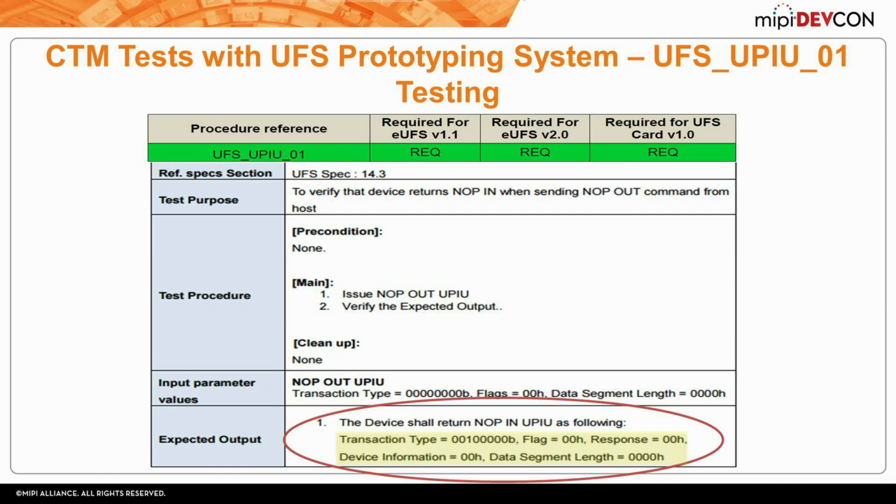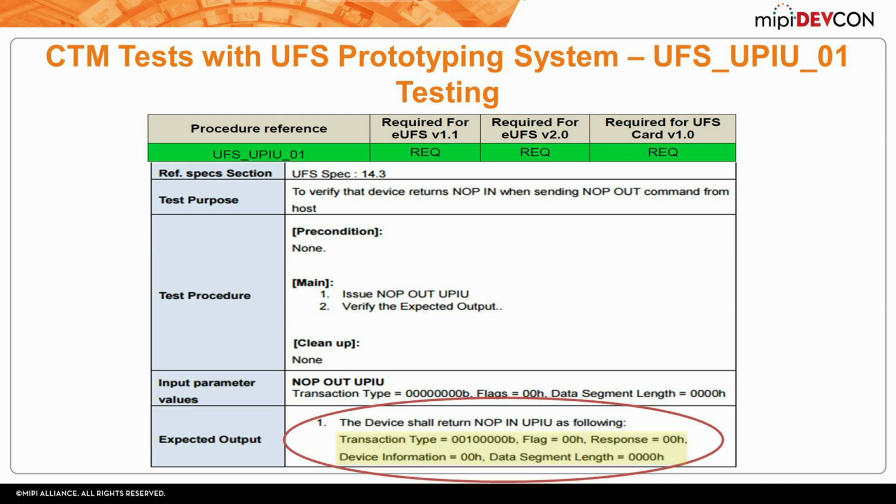So in the JEDEC document, you have all that you need to know about the test itself. It tells you the purpose of the test. So UFS UPIU 01 is essentially a ping, the handshake of UFS host and device, and that is an opt-out. When the UFS host sends an opt-out, the UFS device should answer with an opt-in.